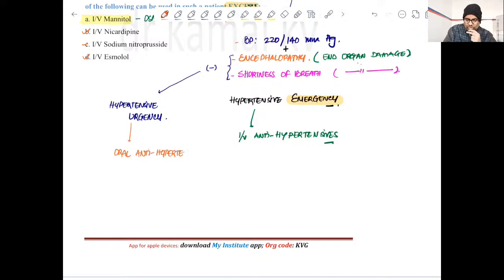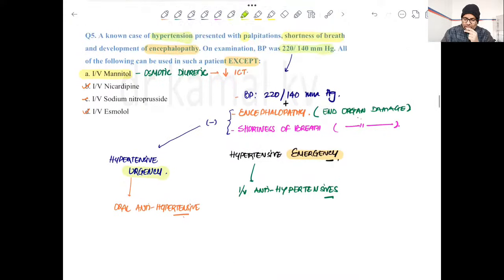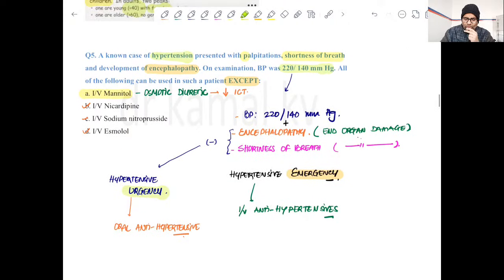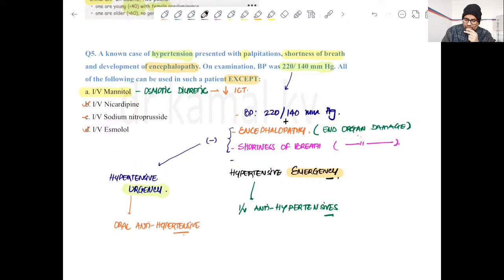So this is the basic difference between the two conditions, hypertensive emergency and hypertensive urgency, and the management also differs, right? So the moment you see any end organ damage, it can be in the form of CVS, we can write palpitations here, right? So it can be in the form of CVS, respiratory system, or CNS. This is end organ damage.